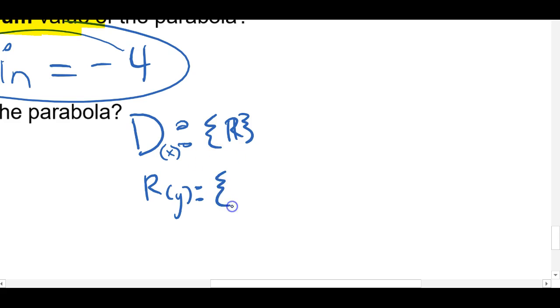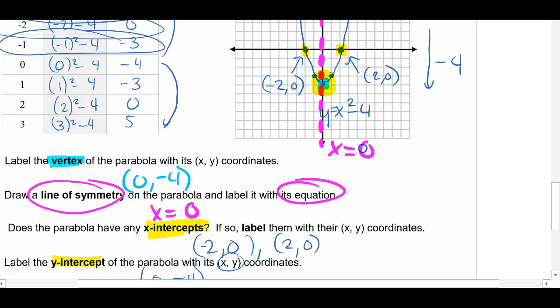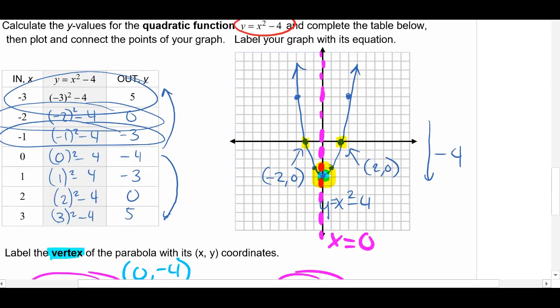Okay, now for the range, we're going from the bottom to the top. Does it go down forever and ever? No, it stops here, and it stops at -4. Does it go up forever and ever? Yes, it does.